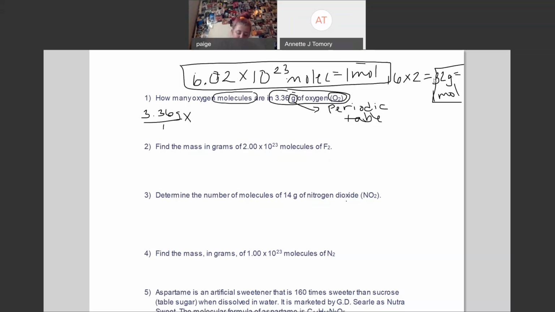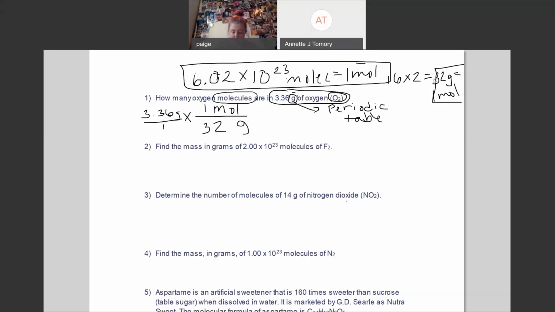Whatever's on top needs to be put on bottom. Look at our conversion factor. Which one has grams on it? The 32. So that 32 is going to go on the bottom with the grams. 32 grams is equal to what? 1 mole. 1 mole will be on top.